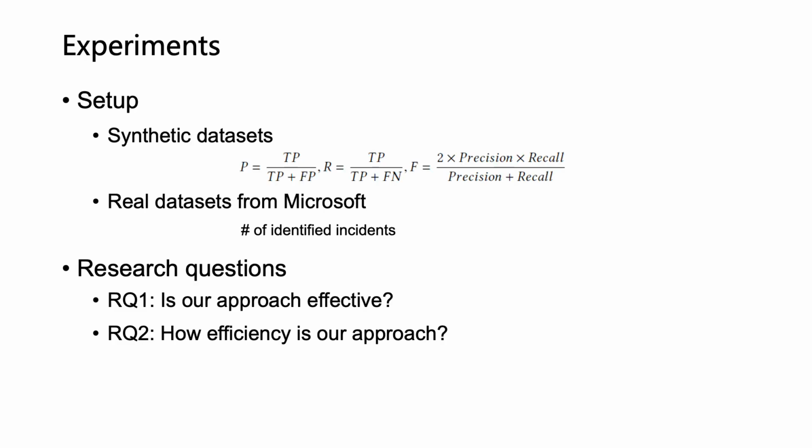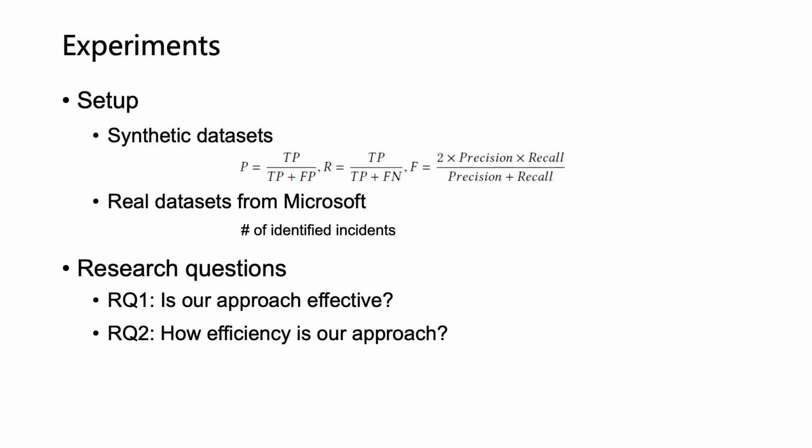In the experiments, we evaluate our approach with both synthetic issue reports and real production issue reports from Microsoft. The synthetic datasets are generated with different total number of attributes, from small to large, and we use precision, recall, and F1 score as the performance metrics.